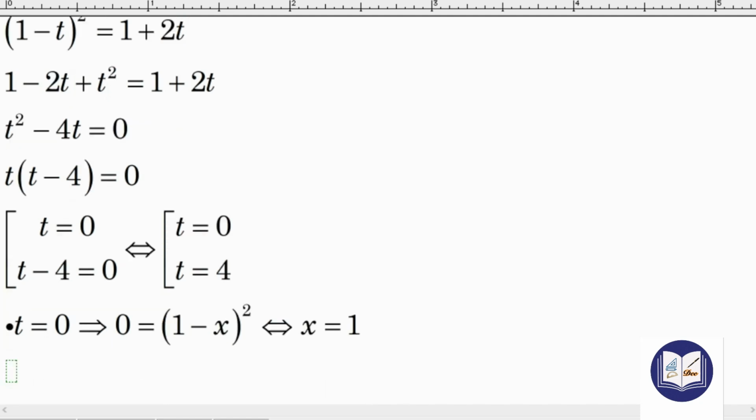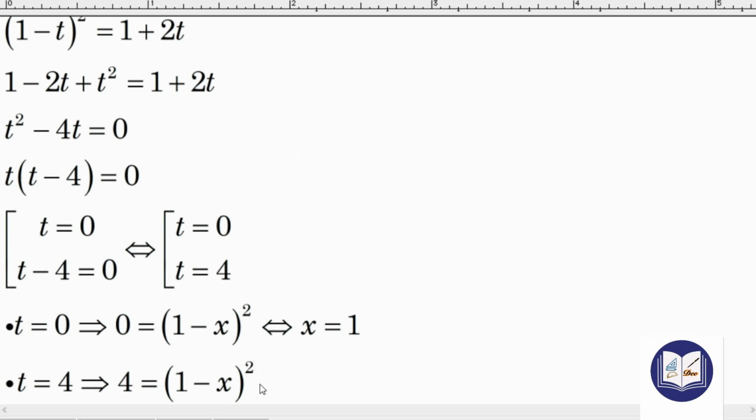Next we have to find the values of x when t equals 4. When t equals 4, that implies we got 4 equal to (1 minus x) squared.